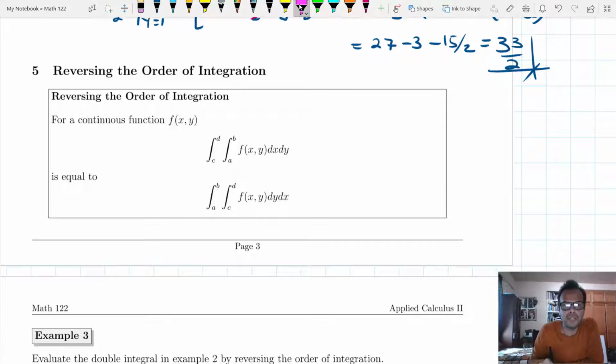We have a function, so the double integral a to b, c to d of the function f of x, y. So notice first we evaluate the integral with respect to x, right? And when we do that, we apply the fundamental theorem of calculus, that is f of b minus f of a, but we only plug in the x values, right? So notice I'm highlighting with the corresponding color.